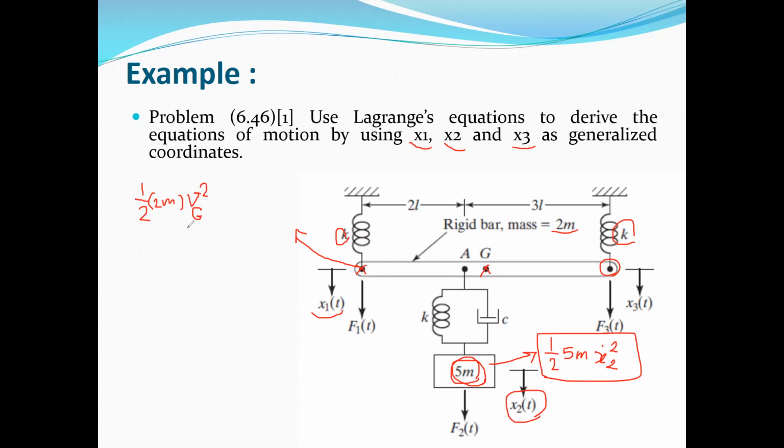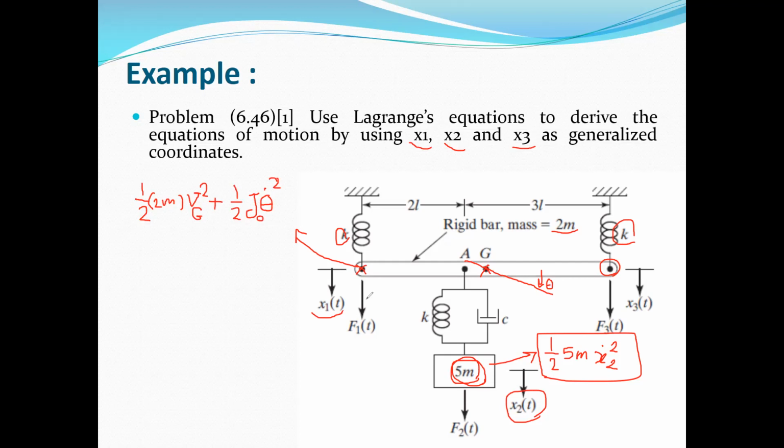And also, this is the kinetic energy due to the translational motion, or due to the velocity of the mass center. And also we have one kinetic energy due to the rotation, which is half times JG, the mass moment of inertia about the mass center, times theta dot squared, where theta is the angular displacement of the rod with respect to the mass center.